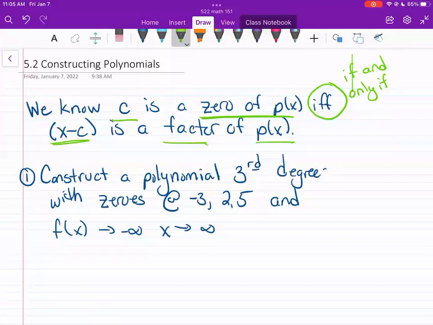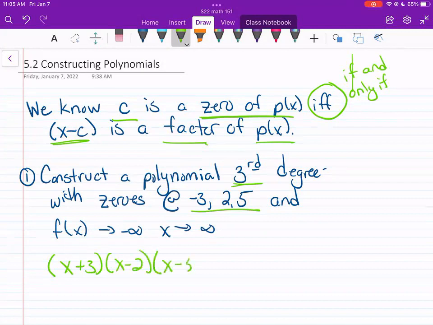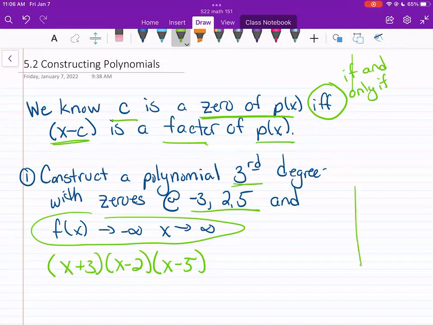If we want to construct a third degree polynomial, we know it's going to have x to the third power. If we know it has these three zeros, we can convert those zeros into factors. Then this describes the end behavior to us. As x goes to infinity, as x is going along here, y is going down.